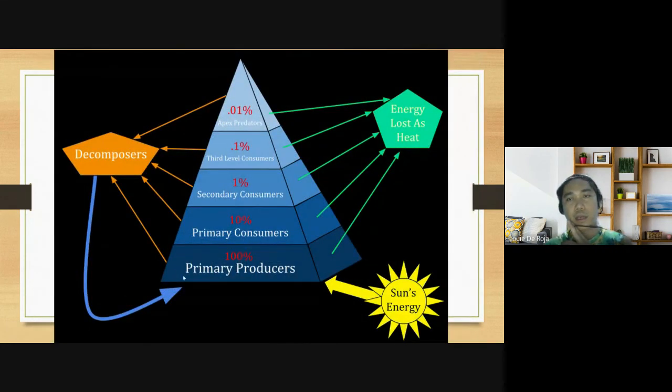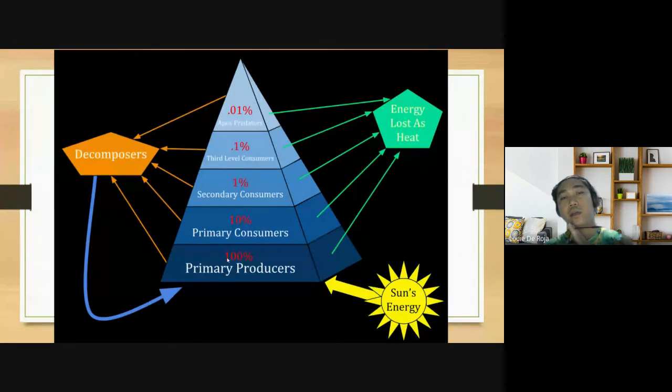Okay, so this is the energy loss as heat. So yung primary producer, yung energy na meron siya is 100%. Kapag kinain siya or consume siya ng primary consumer, mababawasan yung energy at 10% lang yung energy na makukuha ng primary consumer.